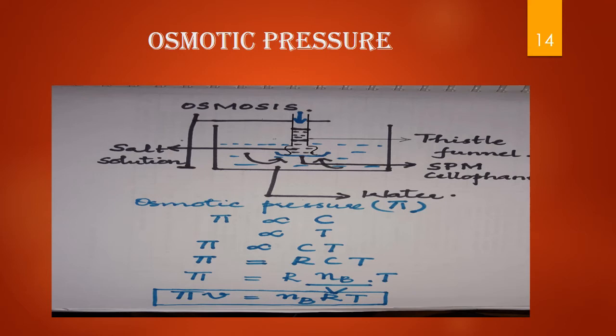So pi V is equal to NbRT is the Van't Hoff's equation for representing osmotic pressure. This equation and its work related to osmosis fetched the first Nobel Prize in chemistry for Van't Hoff.